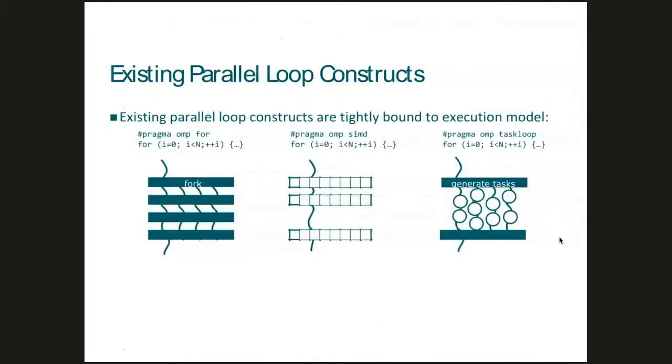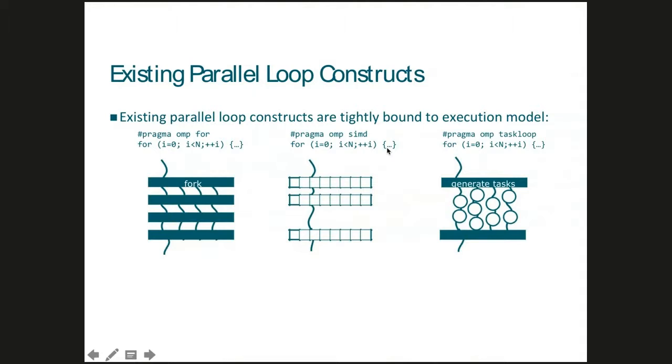Okay. So up to OpenMP 4.5, if we want to parallelize a loop, we have three approaches. The traditional way is the worksharing model, which is OpenMP parallel for, or in Fortran's case, parallel do.